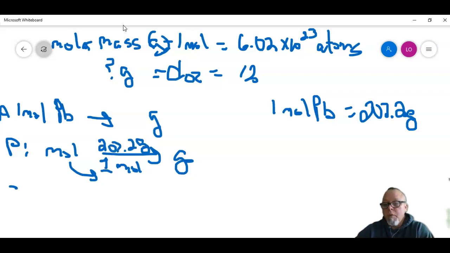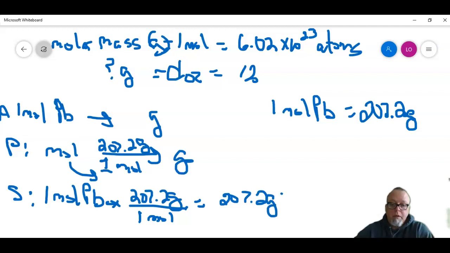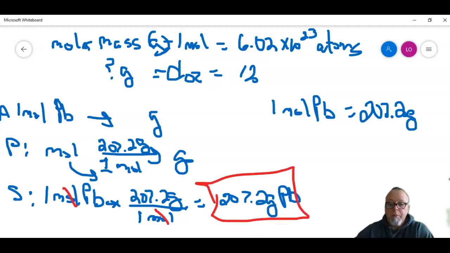So we solve it by going, I have 1 mole of lead times our equality, which is 1 mole under 207.2 grams. And that equals, obviously, 1 times 207.2 grams of Pb, or lead. And we notice our mole cancel, and we are left with 207.2.